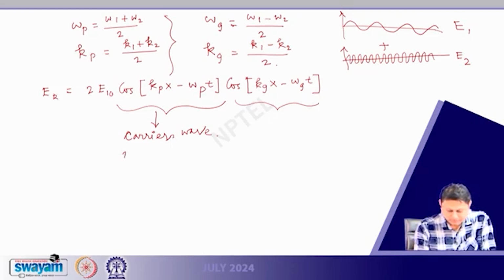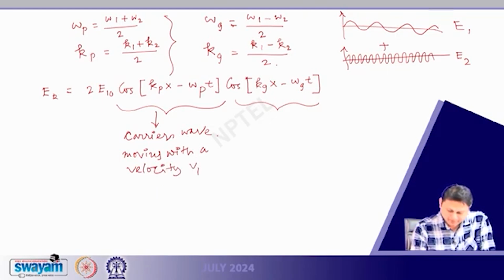It is moving with a velocity, if I write Vp, that velocity is omega p divided by kp.